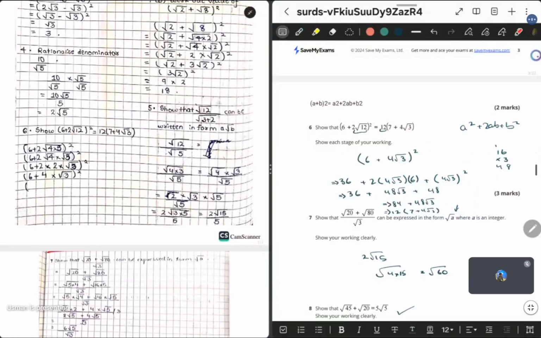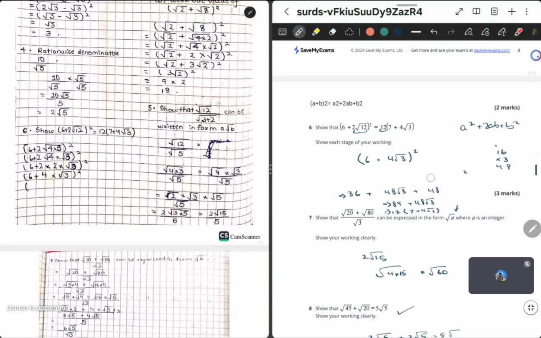right? So you would have 6 squared plus 2 multiplied by 6 multiplied by 4 root 3 plus 4 root 3 squared, right?